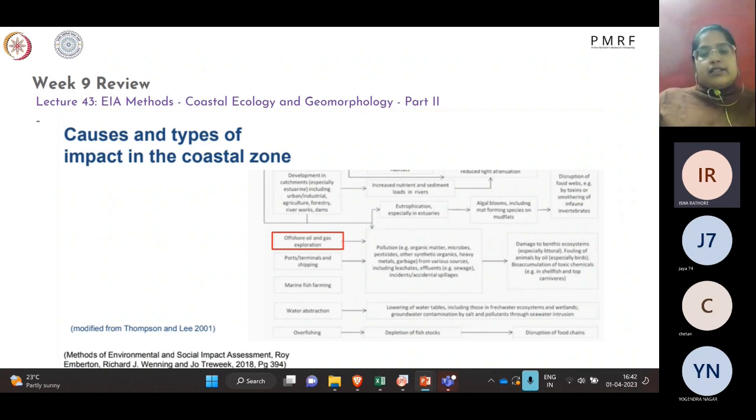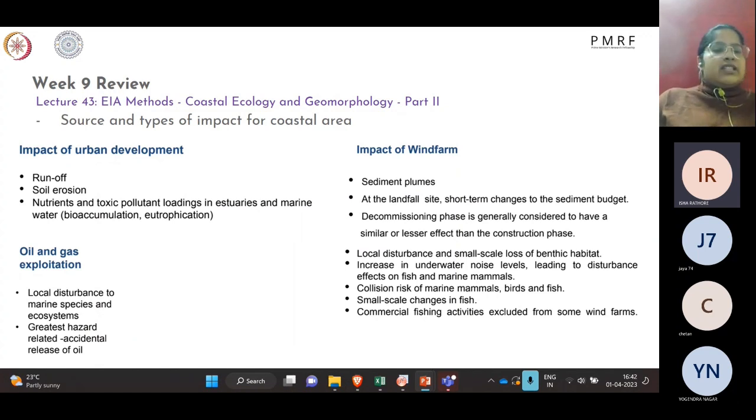And then different other causes and effects, you can go through them later as well. And then these are some of the things which we discuss again. So urban development can cause runoff, soil erosion, nutrients and toxic pollution, which can further cause bioaccumulation of toxic chemicals in these water species, and eutrophication, or the excessive growth of plants because of the excessive nutrients being present in the water.